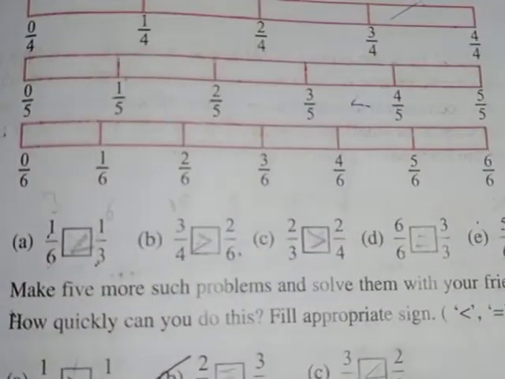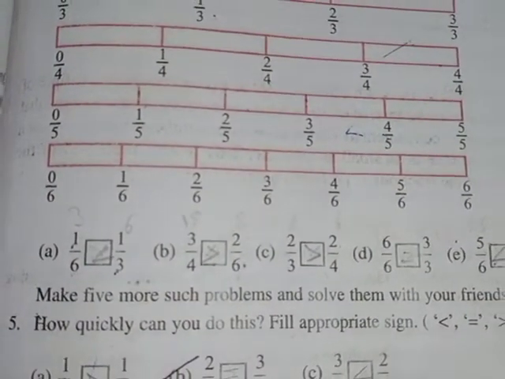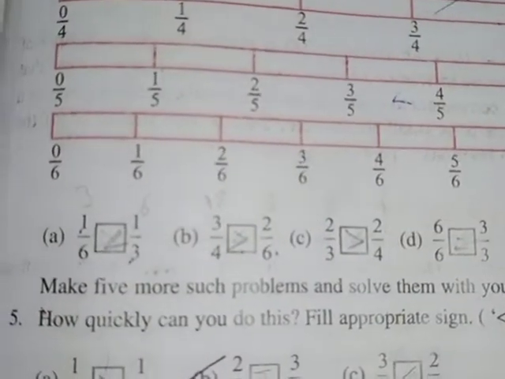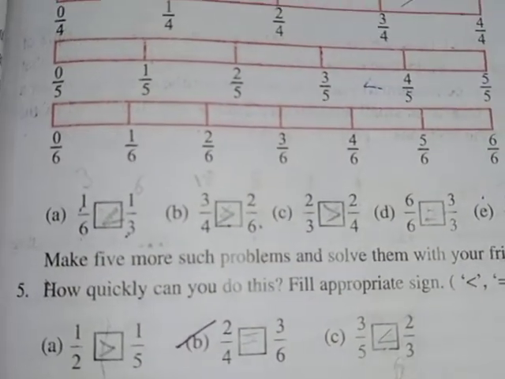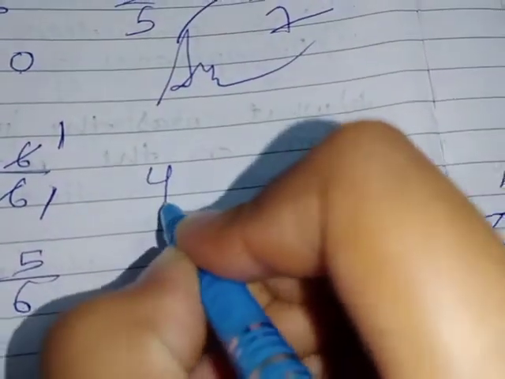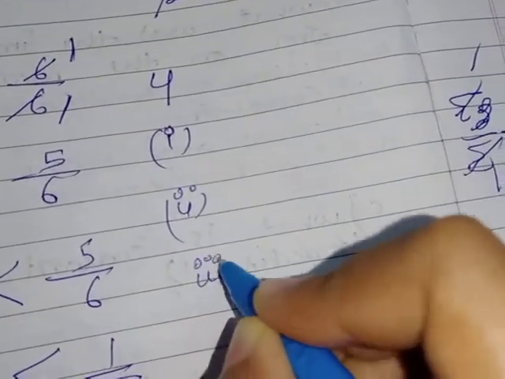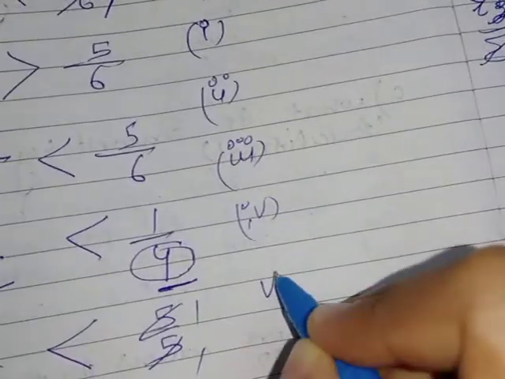It is written here, make 5 more such problem sums and solve them with your friends. So 5 problem sums we have to make. Again 5 more problem sums I am giving you here, for the 4th question. You have to solve these on your own.